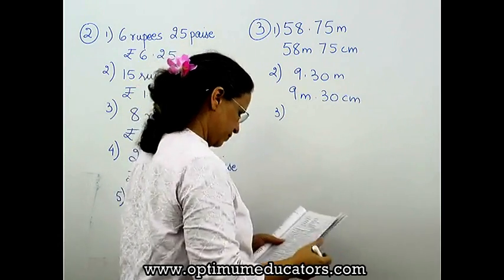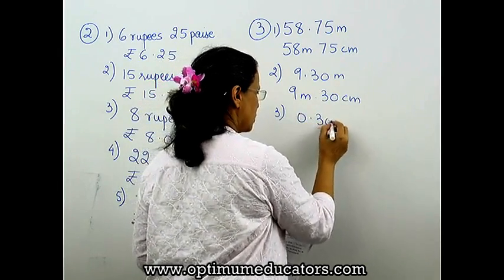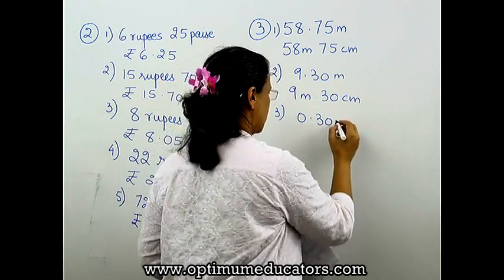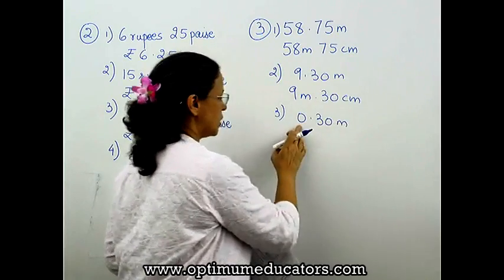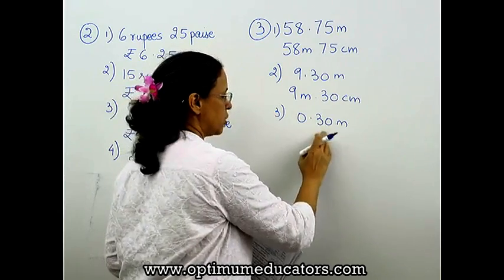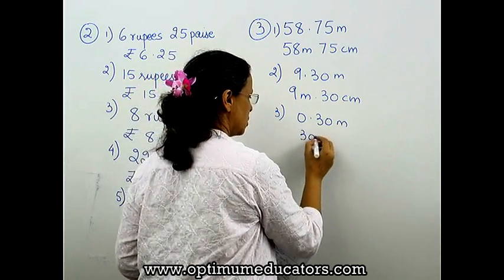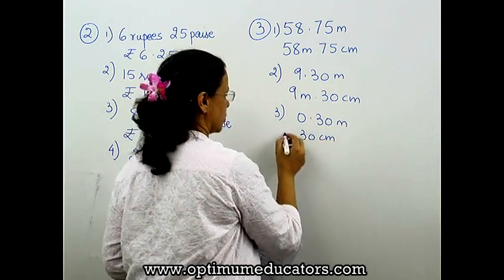The third one, 0.30 meters. Now here you can see in the meters place there is nothing. So 0.30 meters actually will mean 30 centimeters. Okay.